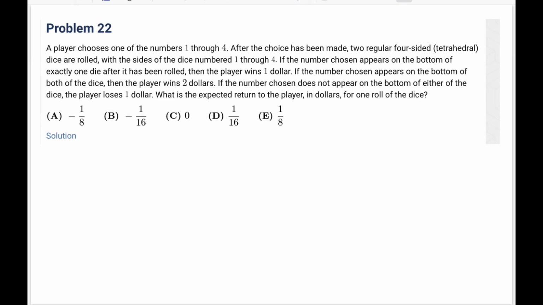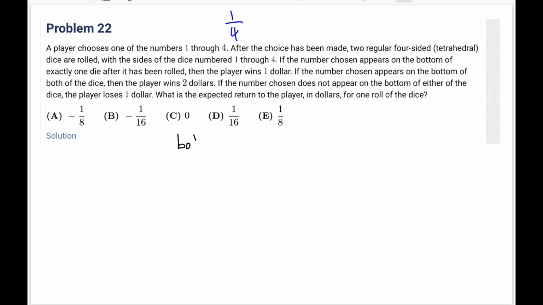So you can choose one number, and for the 4-sided die to show that one of those 4 numbers, it's a 1 out of 4 chance, right? Yeah, you know what I'm talking about.